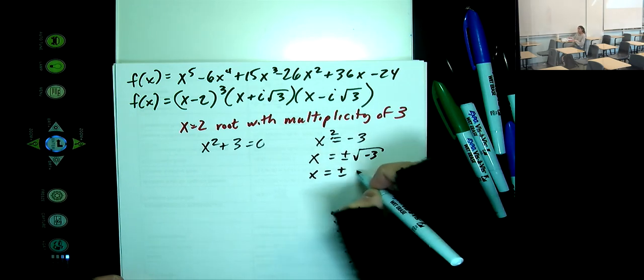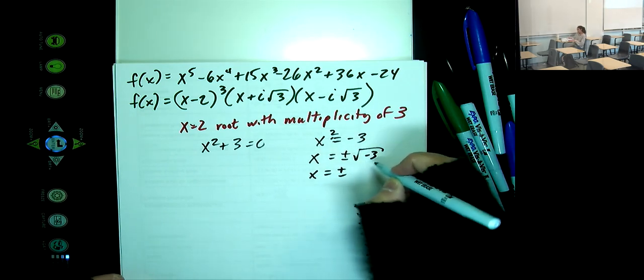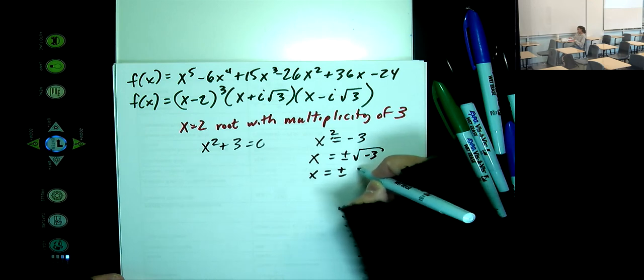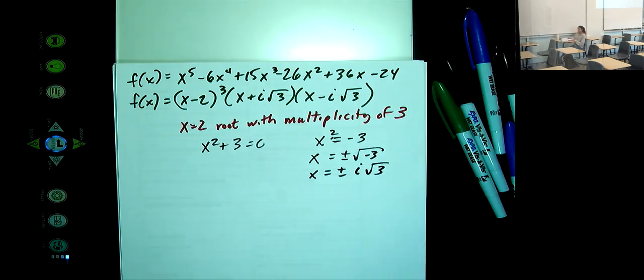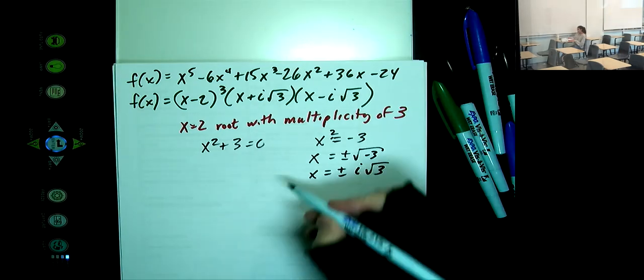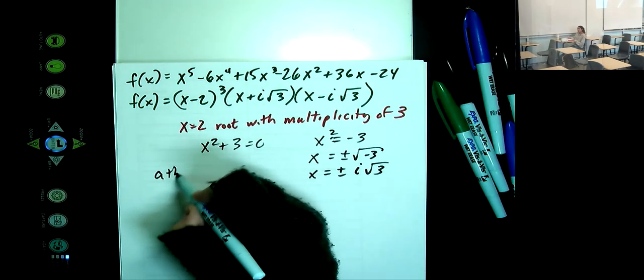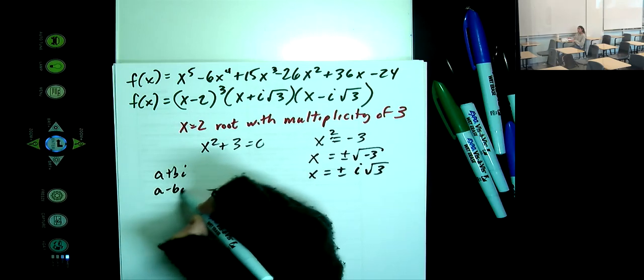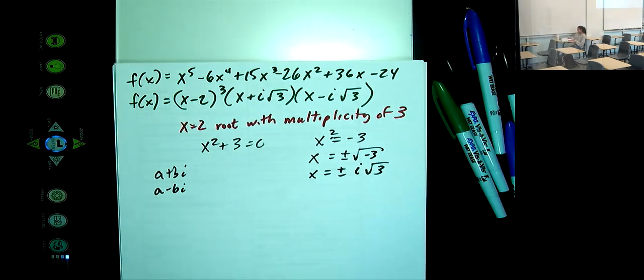So yes, it's exactly an example of the conjugate zeros theorem, because complex roots come as a plus bi and a minus bi. Here a is 0.